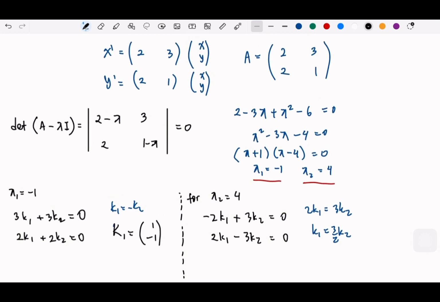So I will prefer k2 as 3 and 2. So we have completed all the k1, k2 with each eigenvalue.